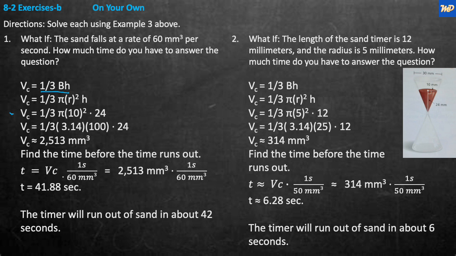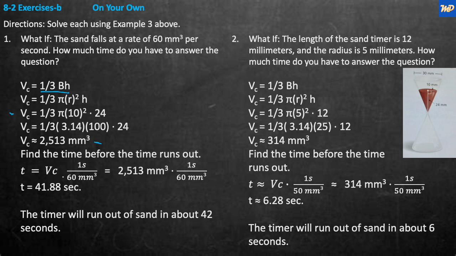Right there, it says 10 millimeters. We can still see it's 10 millimeters. Okay. And the next one, the radius is going to change on us. But right now it's 10 millimeters. And it's 24 millimeters high. So when we multiply this out, we're going to get, again, like we did the last time, 2,513 millimeters cubed. And then this is the time before it runs out.